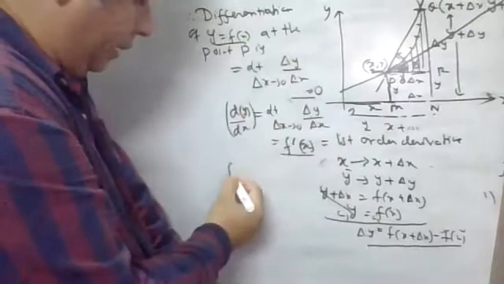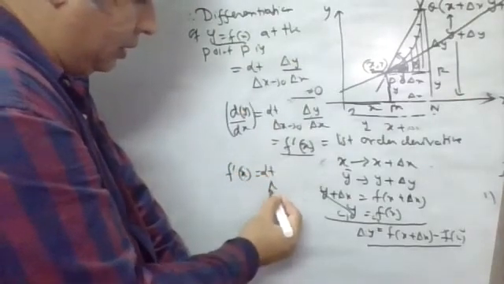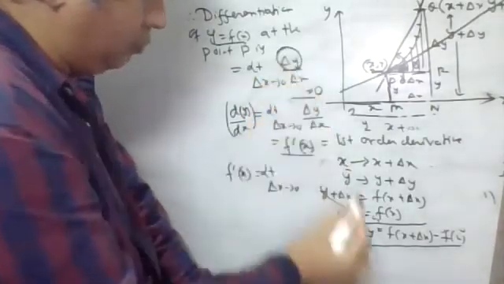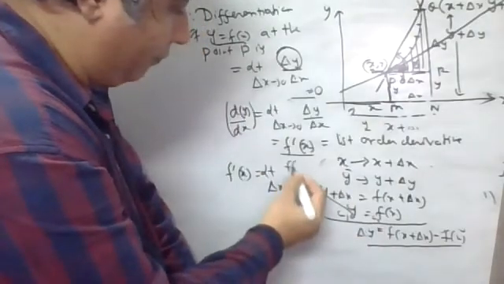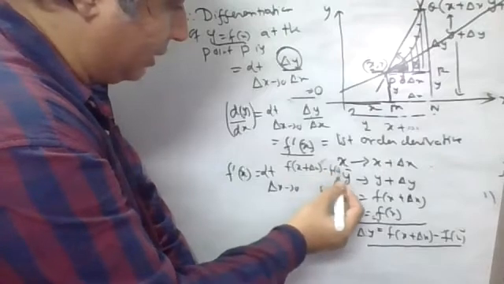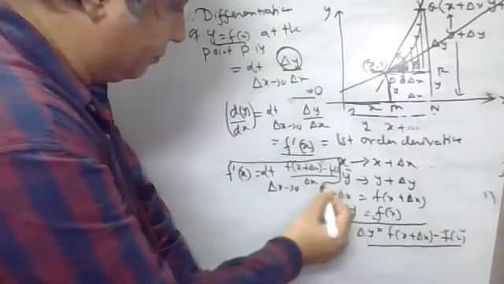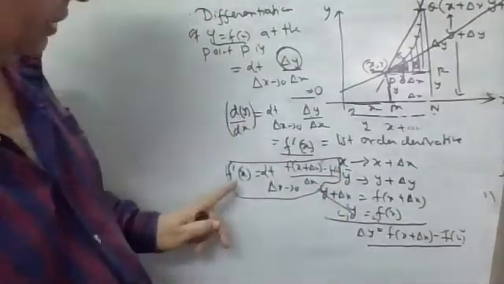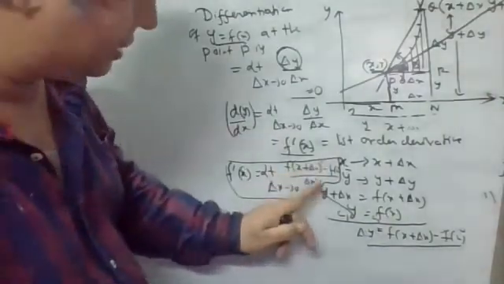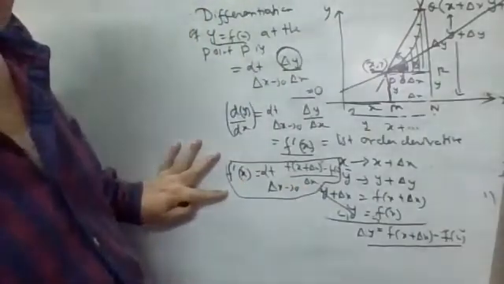So f dash x will become limit delta x tends to 0, instead of delta y you put f of x plus delta x minus fx, by delta x. That is nothing but f dash x.